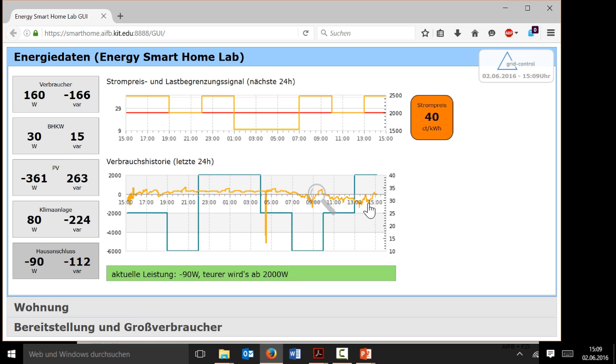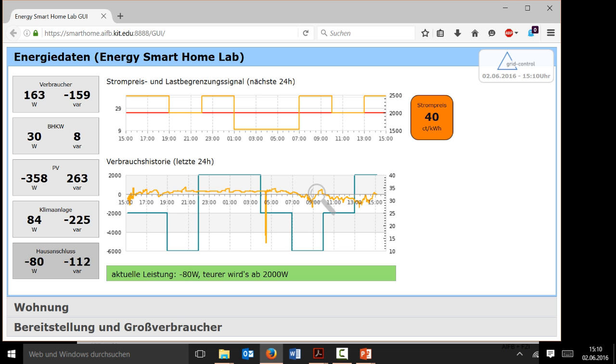What you see here is the power profile of the house in yellow. You see the prices that were there, between 10 and 40 cents per kilowatt hour, just 3 different levels at the moment. And here you see the information for the next 24 hours.